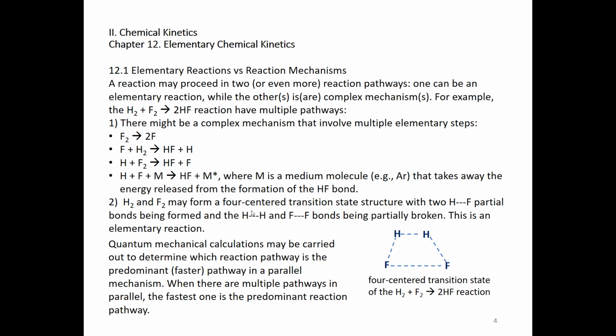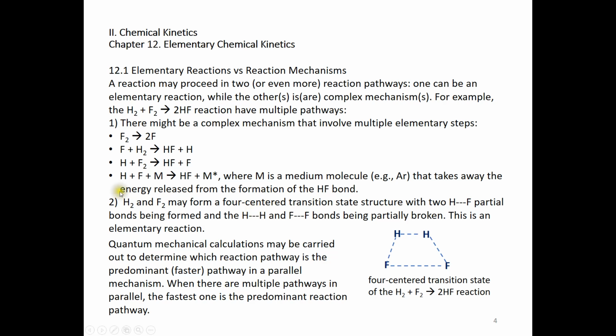We talked about the difference between elementary reactions versus reaction mechanisms, but a chemical reaction may proceed in 2 or more reaction pathways, and it is possible that one of the pathways is an elementary reaction and the others are complex mechanisms.